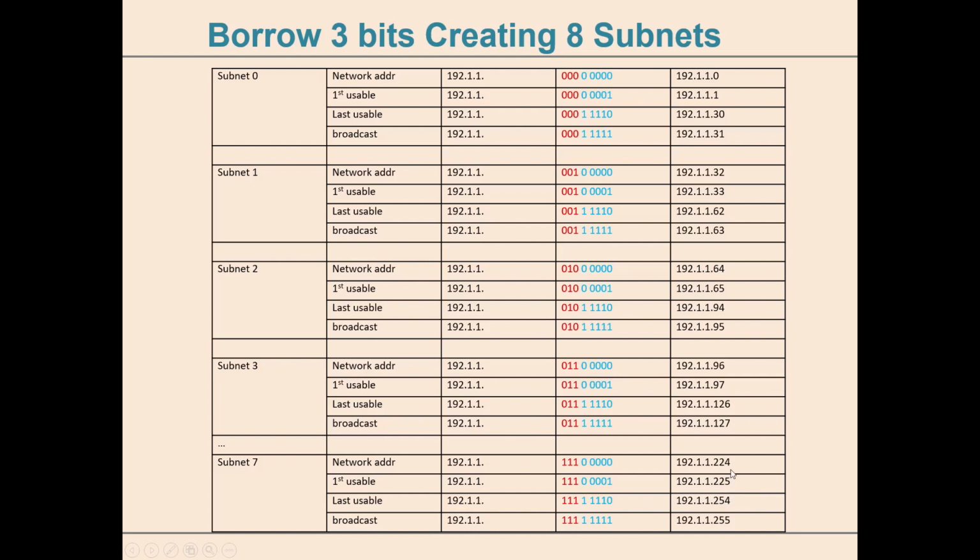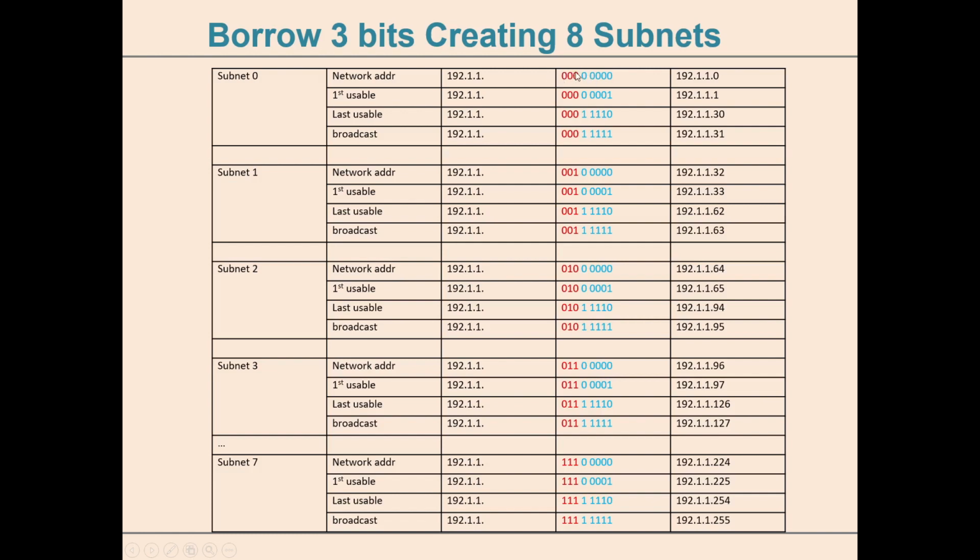The first one, 1.224, is the network address for subnet 7. 1.255 is the broadcast for subnet 7. So those are the 8 subnetworks we created by borrowing 3 bits from the original host portion.